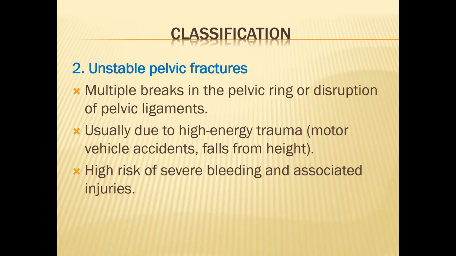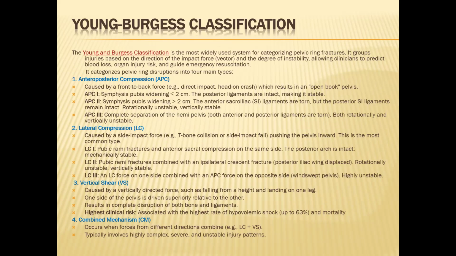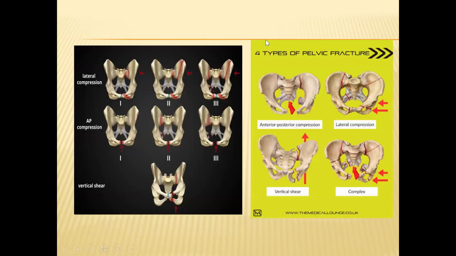So we can classify the fractures of the pelvis by the Young-Burgess classification. This classification depends upon the direction of the force. For example, anterior posterior compression: if the force is from the front, it will hit the front side of the pelvis and can break the pubic symphysis.